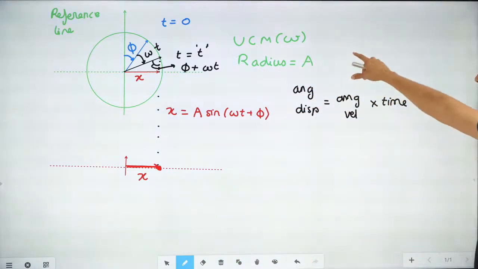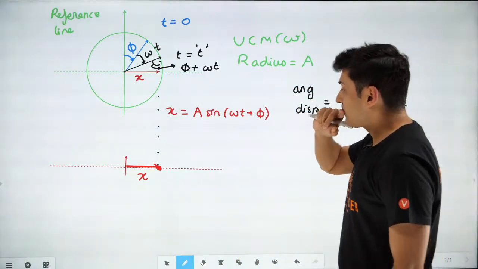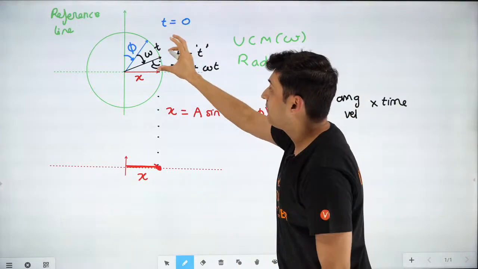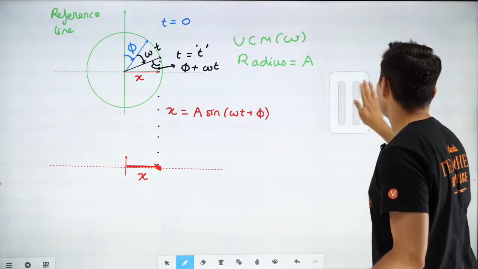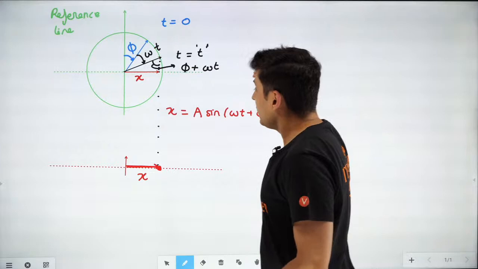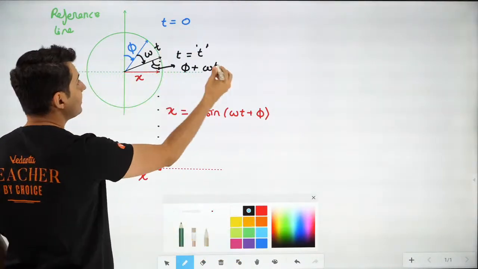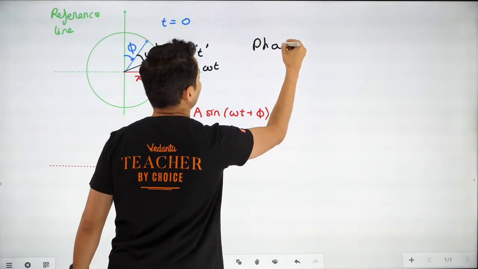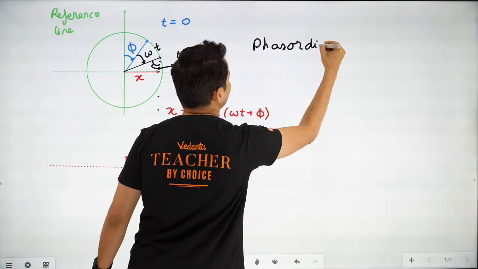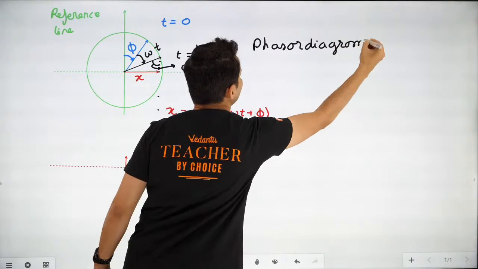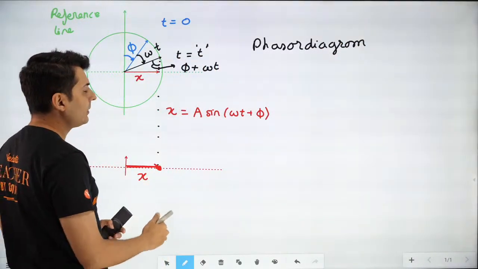So now, my point is, look at what phi signifies. Let's talk about the significance of phi. This diagram over here is called the phasor diagram. And in the phasor diagram, what do you get?